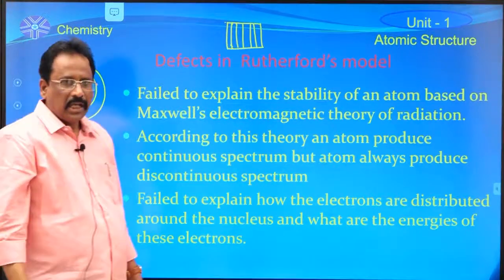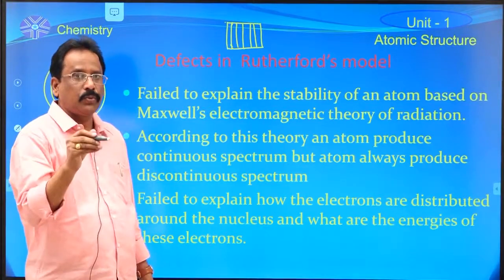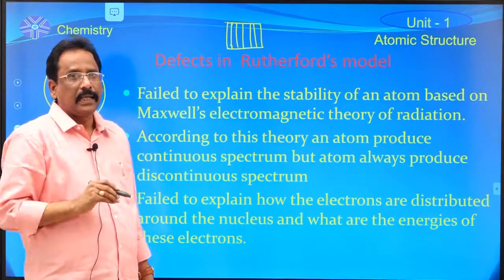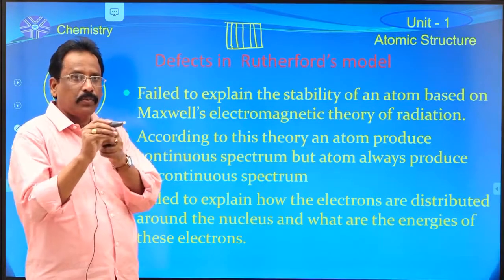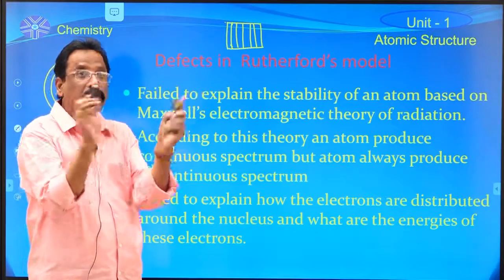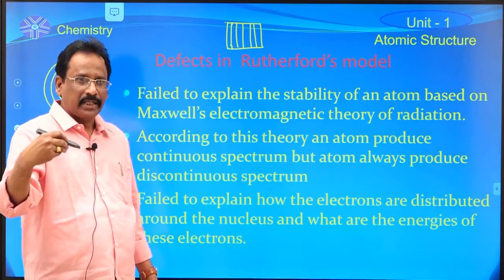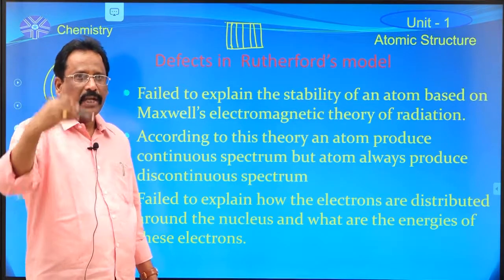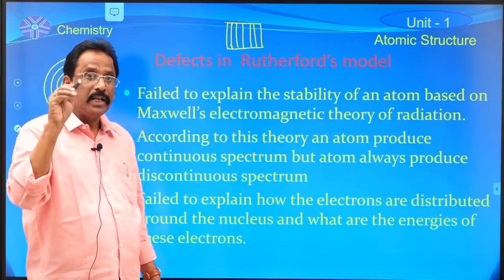White light is composed of 7 different colors. It is already known to you from the lower classes. So when white light is allowed to pass through a prism, it is dispersed into 7 continuous colors. There is no gap between the violet, indigo, that means violet to red, VIBGYOR. That is an example of a continuous spectrum.